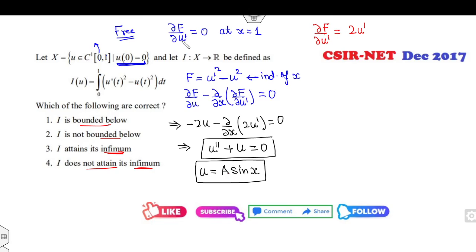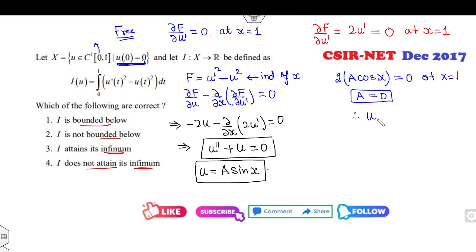Now since del f upon del u dash, that means 2u dash, is equal to 0 at x is equal to 1, I can substitute this value: 2 times a cos x is equal to 0 at x is equal to 1. So at x is equal to 1, cos 1 can never be 0. That means a is equal to 0. So therefore your solution is 0.